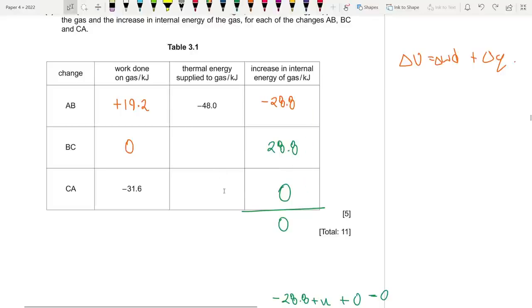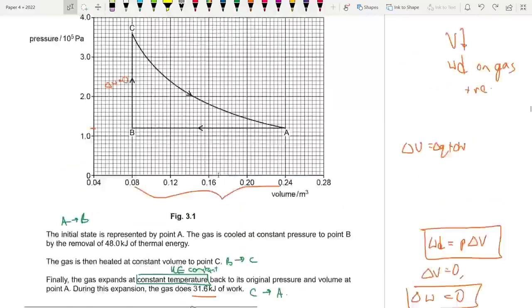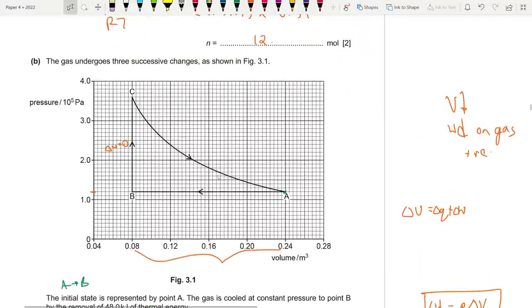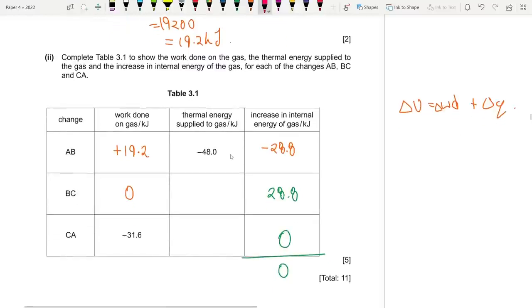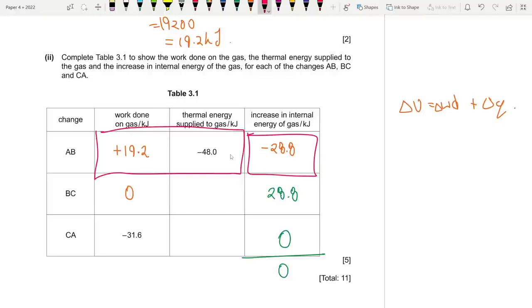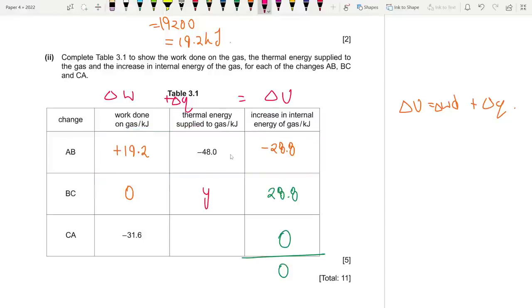All these added up are equal to 0, because we're returning to the original temperature and pressure. There's also another thing we need to use: ΔQ plus ΔW is equal to ΔU. So we can use that. If we name this Y, then 0 plus Y is equal to 28.8.